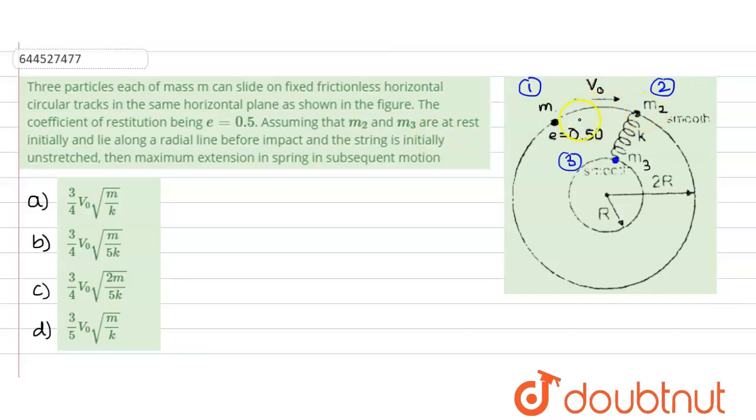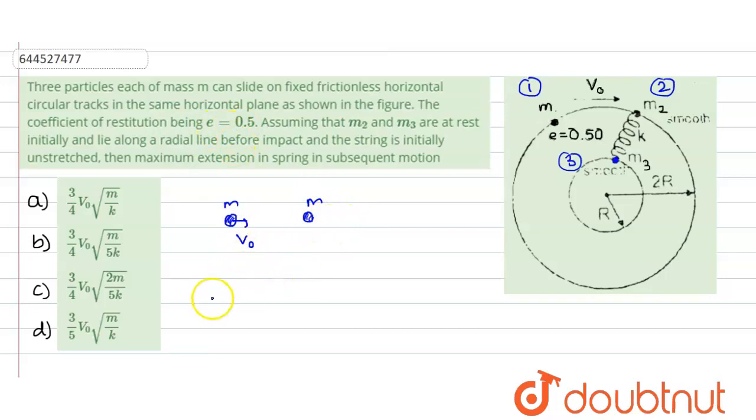First of all, we should find, just when m1 strikes m2, what is the velocity which m2 gets. How can we do this? When they impact, let's say this is our mass m, and this is another mass, small m, because the masses are equal. Now it is coming with the velocity v0. Whether the collision is elastic or inelastic, momentum would be conserved.